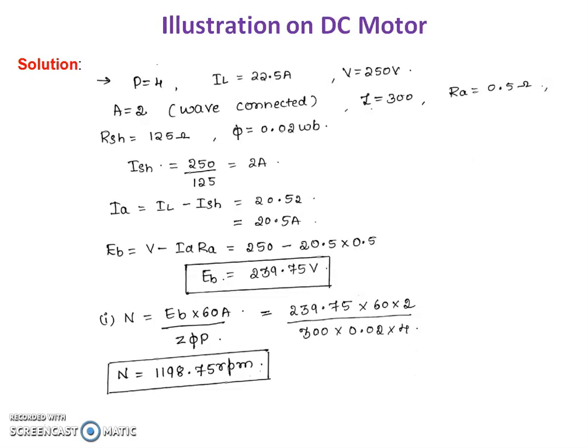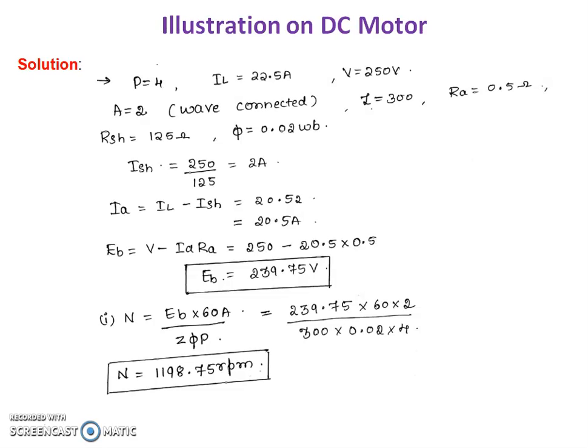First we will find the shunt field current ISH equal to 250 by 125 equal to 2 amps. IA equal to IL minus ISH, 20.5 amperes. EB back EMF is equal to V minus IA RA, that will be 239.75.